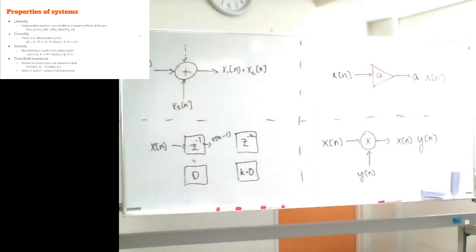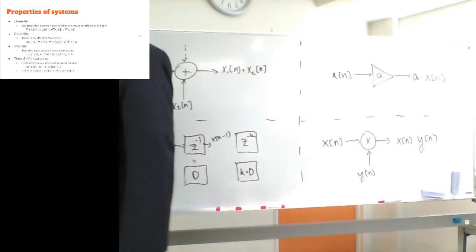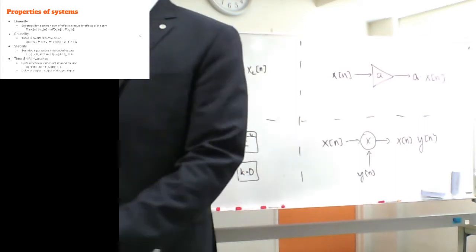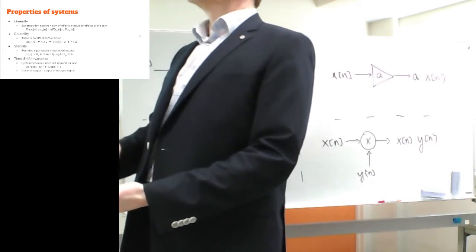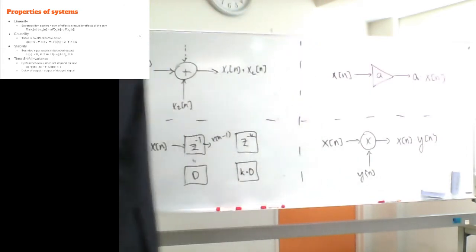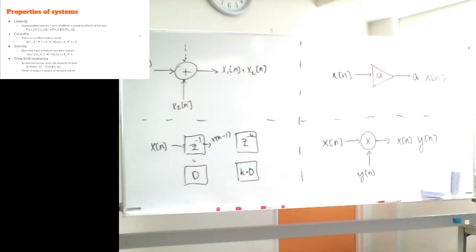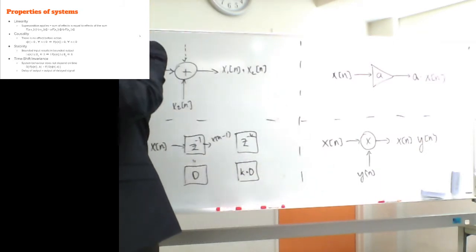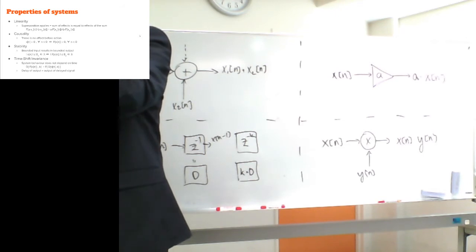Stability. In digital signal processing, we are more interested in bounded input, bounded output, BIBO stability. So if you have an input in some range, for example your A to D converter gives values between 0 and the maximum value, then if the system is stable, it means that whatever the input of your A to D converter is, the output of the system also remains in some bounded values.